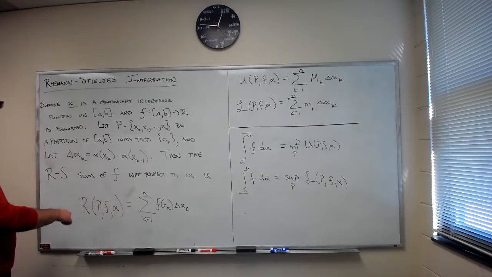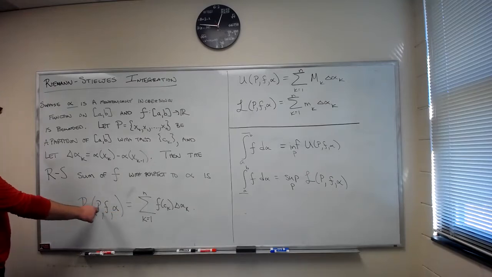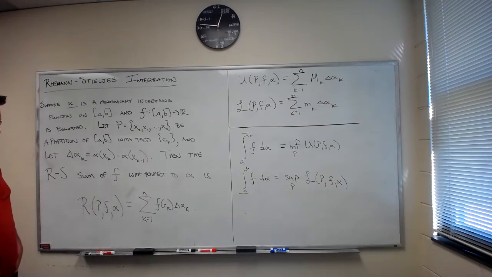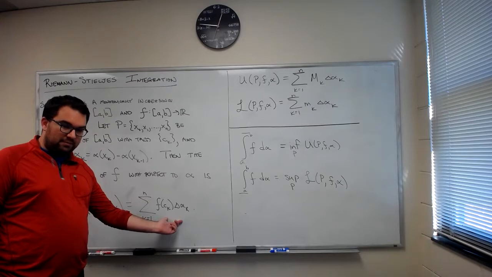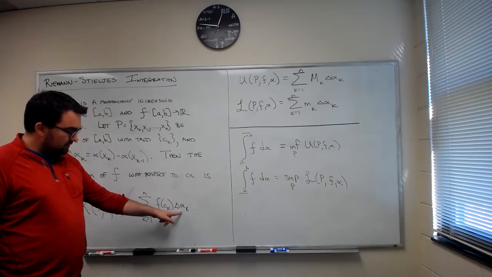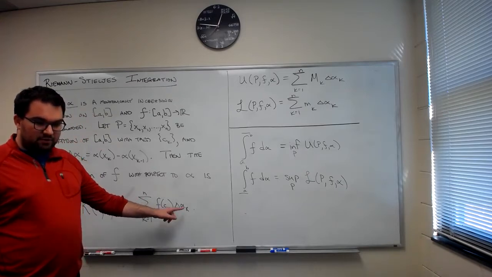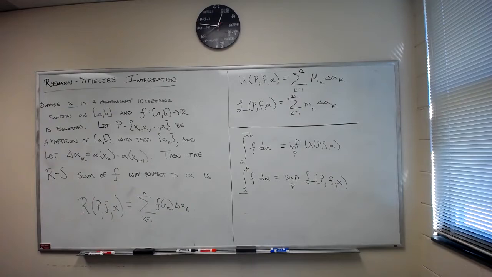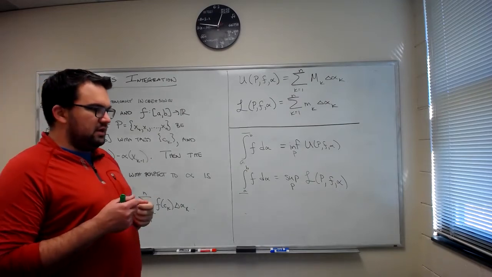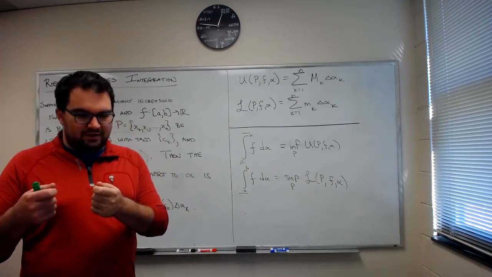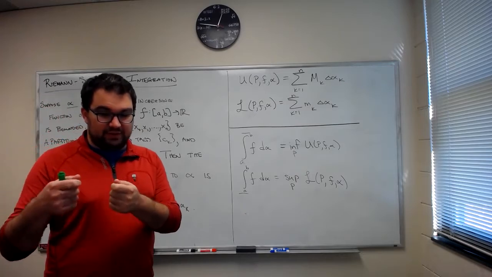It's the Riemann-Stieltjes sum with respect to the partition, the function f and the function alpha, and it's equal to, and again, you'll notice this looks almost exactly like our Riemann sum, except now instead of a delta x_k here, we have a delta alpha_k. So really what Riemann-Stieltjes integration is doing is allowing you to weight different x values differently.